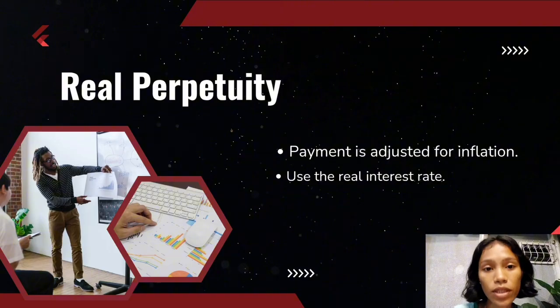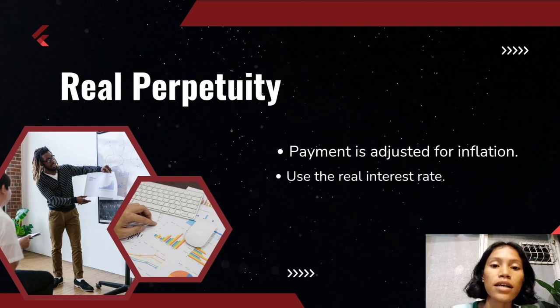In a real perpetuity, your payment increases each year so that you can still buy the same amount every year. Even though there is an inflation, you can still buy the same amount. So that is the real perpetuity.